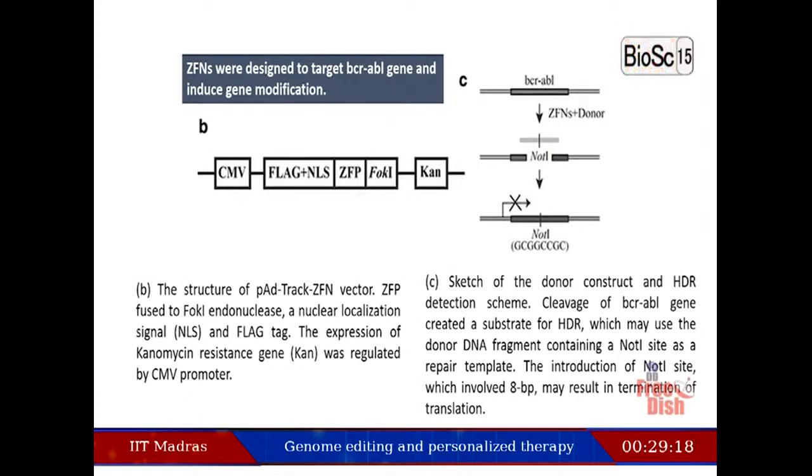In figure B, you can see the structure of the pAD-Track ZFN vector. ZFP was fused to FokI nuclease, a nuclear localization signal, and the FLAG tag. The expression of the kanamycin resistant gene was regulated by the CMV promoter.